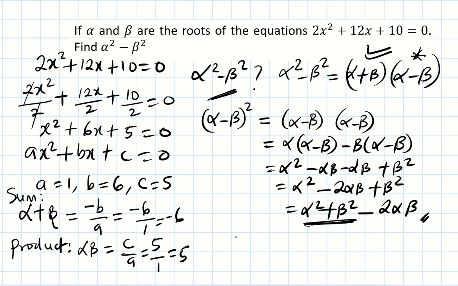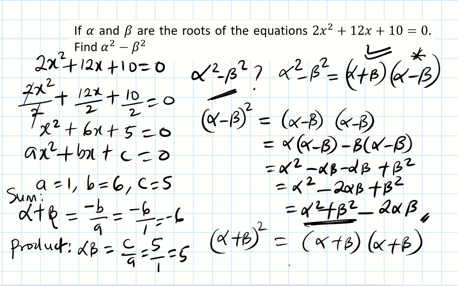And to do that, we will have to expand alpha plus beta squared. And when we do this, we have alpha plus beta, alpha plus beta, which is the same thing as alpha open bracket alpha plus beta, plus beta open bracket alpha plus beta.